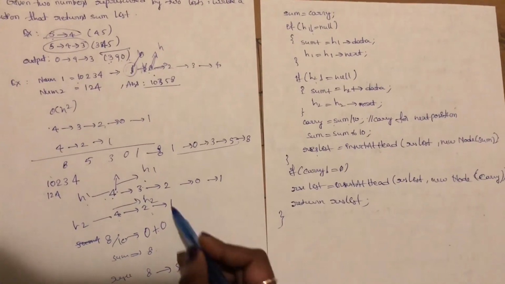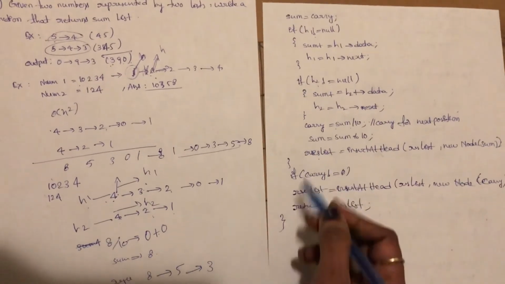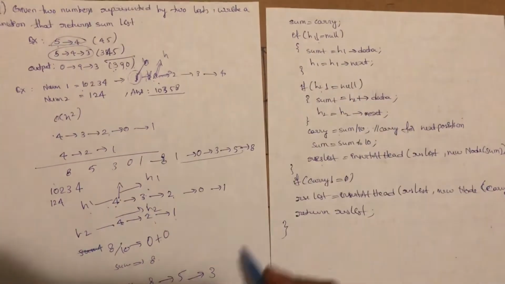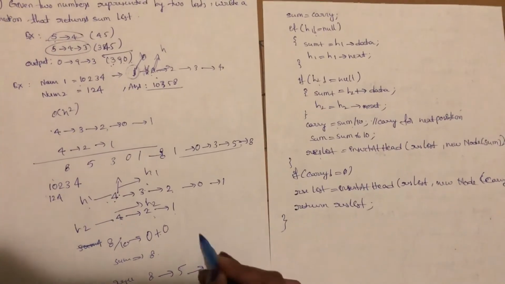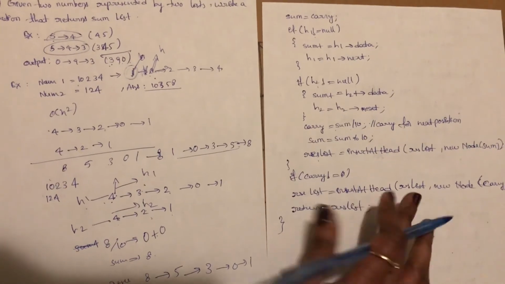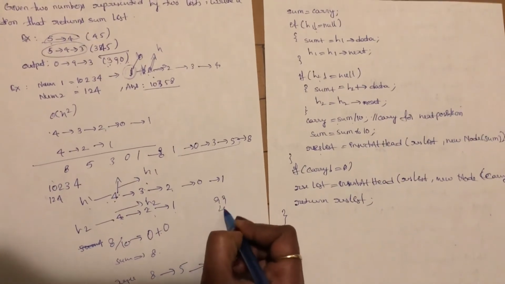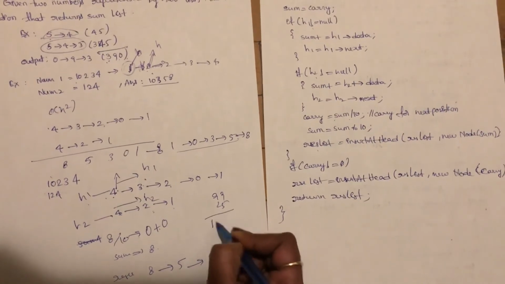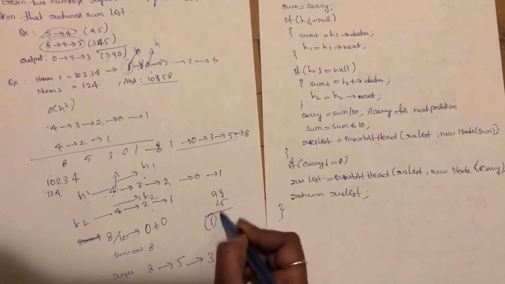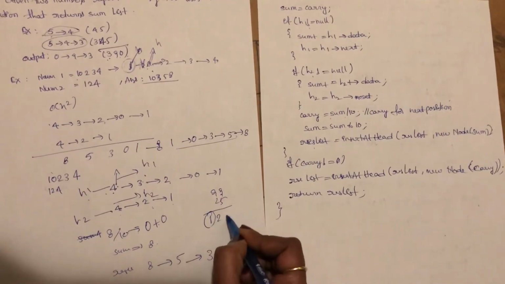Here we see again 2 plus 1, 3, and it is going to check the nodes, here 0 and 1. Some numbers like 99 plus 25 have extra nodes, it is going to be an extra node than the given input nodes, like 124.